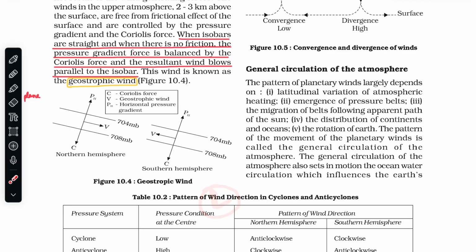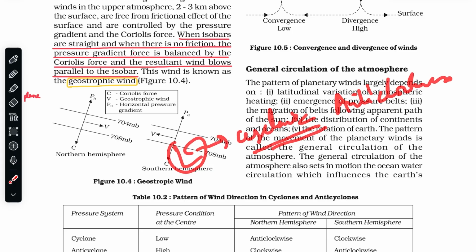Cyclone over here will blow anti-clockwise, whereas in the anticyclone, if there is high pressure, it will flow clockwise. In low, anti-clockwise. Just remembering the northern hemisphere: if there is low, then there is cyclonic, and this will flow anti-clockwise.